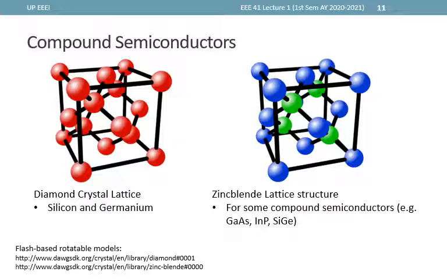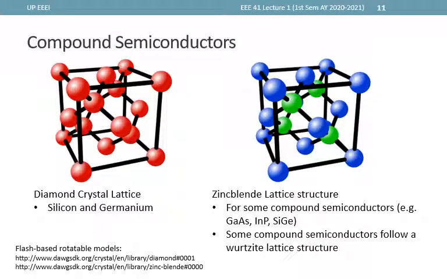Some compound semiconductors that follow the zinc blende lattice structure are gallium arsenide, indium phosphide, and silicon germanium. However, not all compound semiconductors follow the zinc blende lattice structure. Some follow a Wurtzite lattice structure, which we'll not cover in this course.